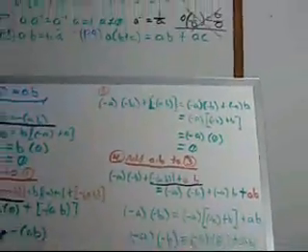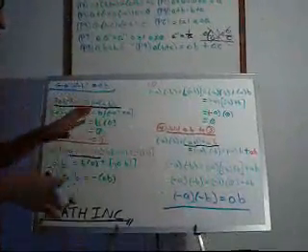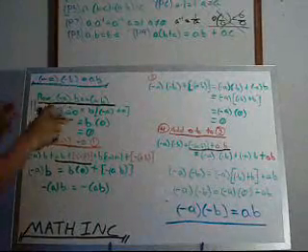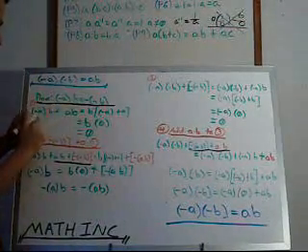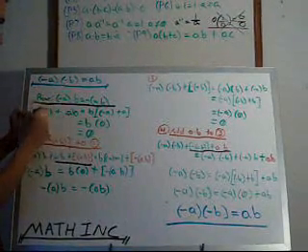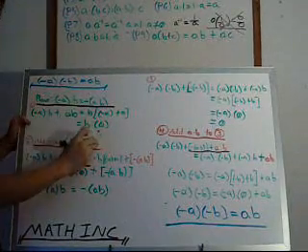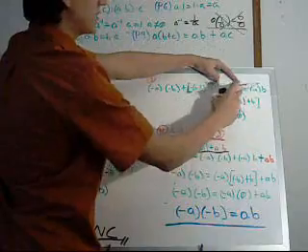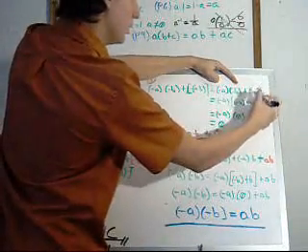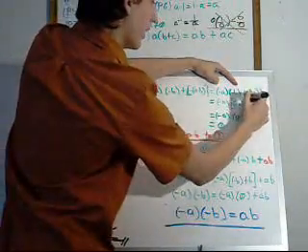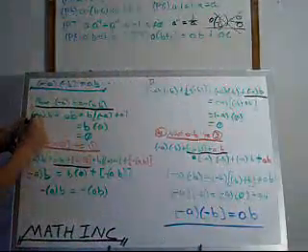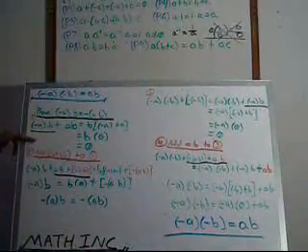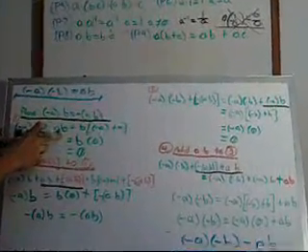Another way to look at this, much easier and faster, is by looking at this equation. We know that (-a) × b + ab, all of this was equal to 0. And on this other hand, we have (-a) × (-b) + (-a) × b is going to be equal to 0. So I have this and this, which are the same term, and when you add them, you get 0.